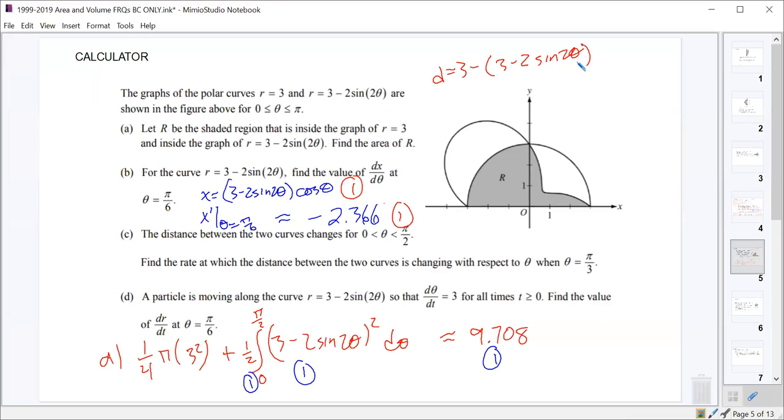So that's d. And we want to know the rate of change of that when theta equals pi over 3. If we wanted to simplify this down, we could just say that d is 2 sine 2 theta. And d prime of pi over 3 gives you negative 2. Good or no?